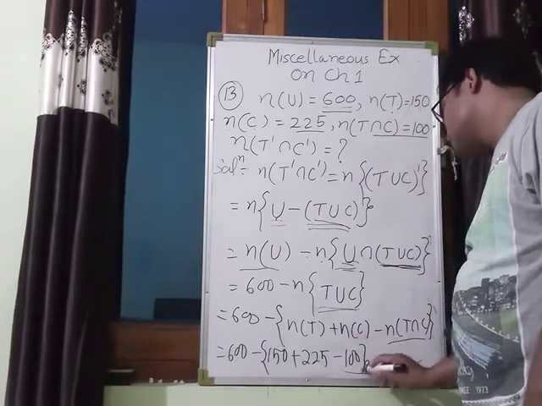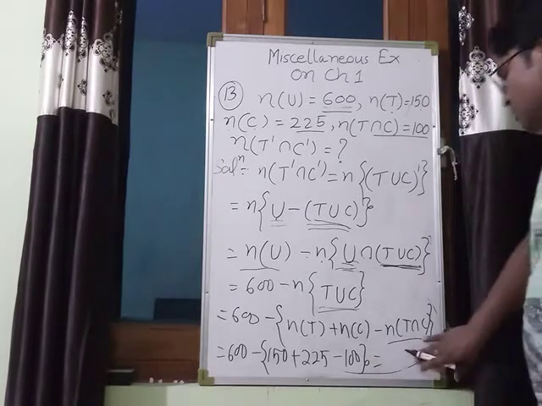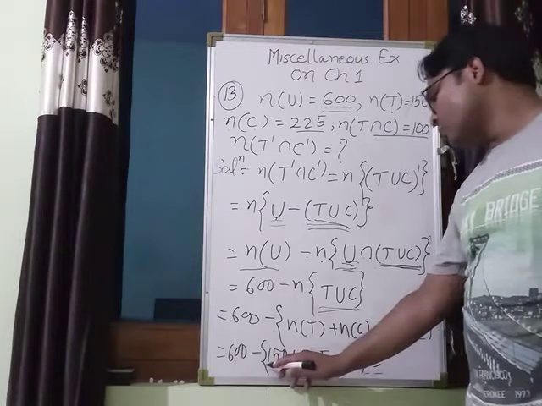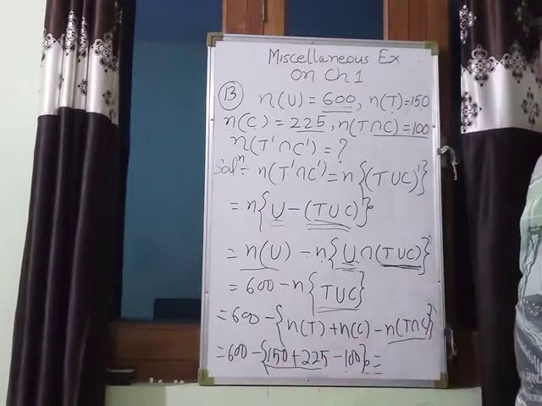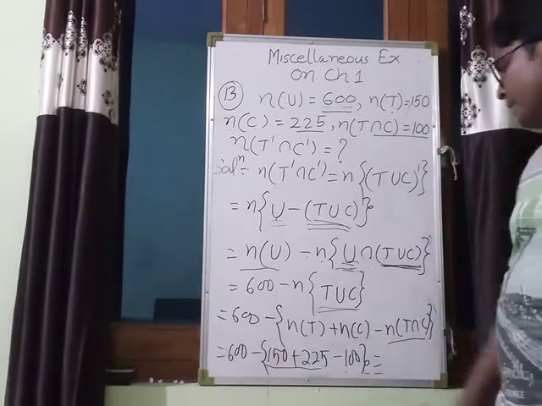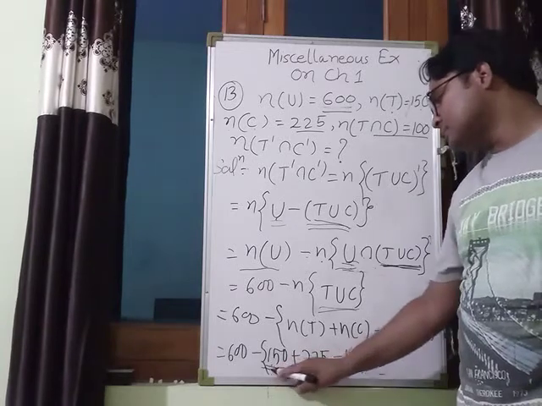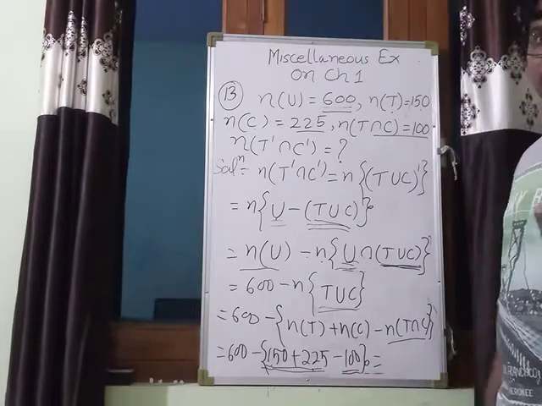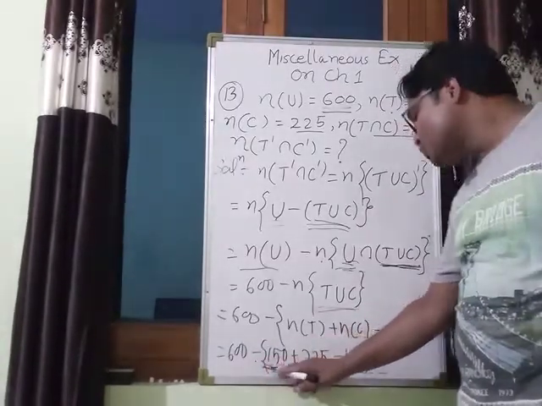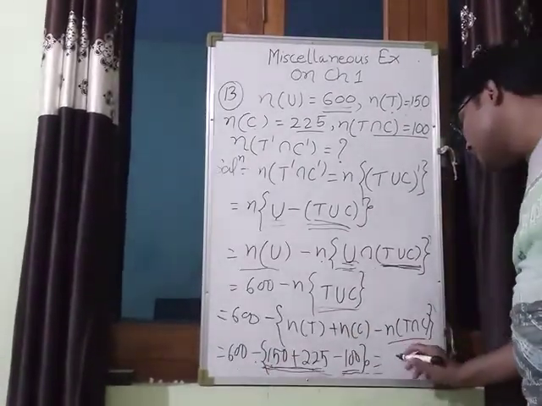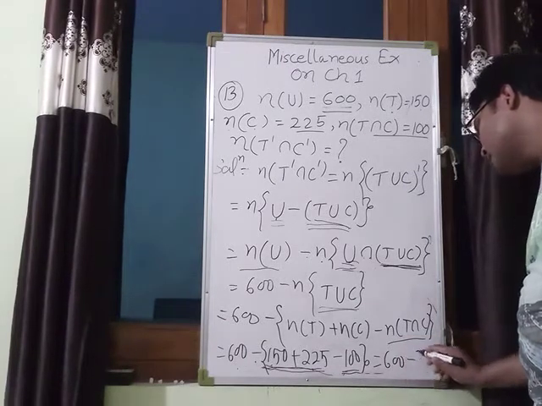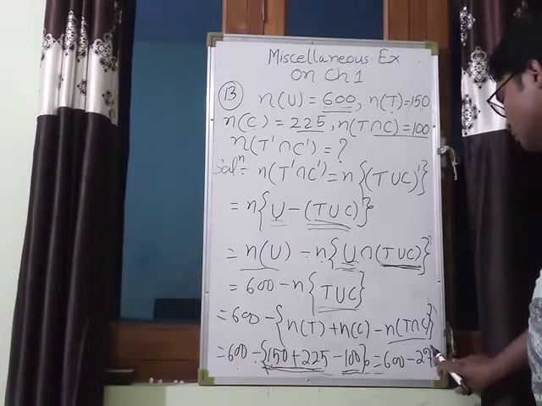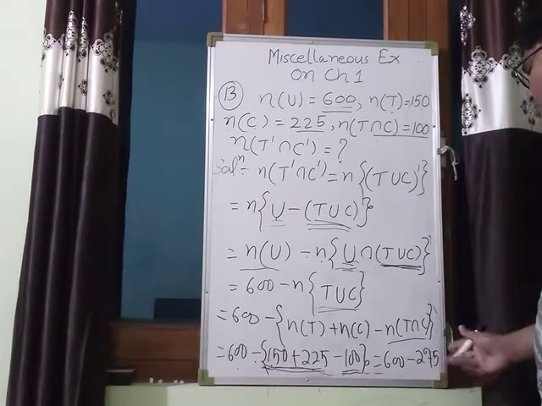Now solve this. So after solving this, 150 plus 225 is 375. 375 minus 100 is 275. 600 minus 275 is equal to 325.